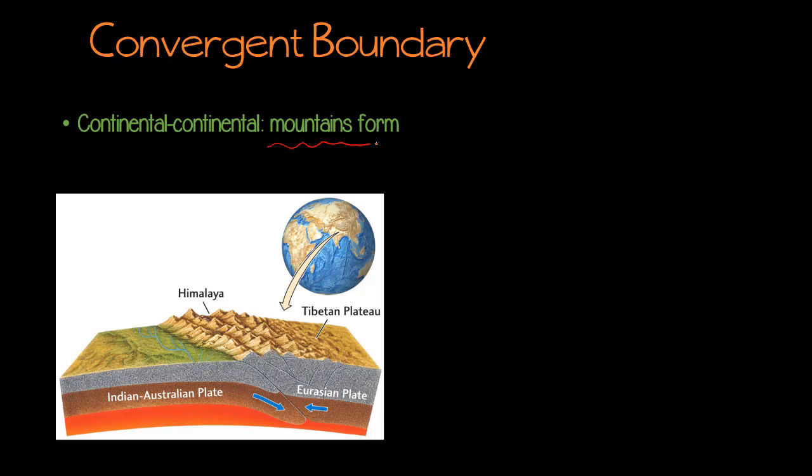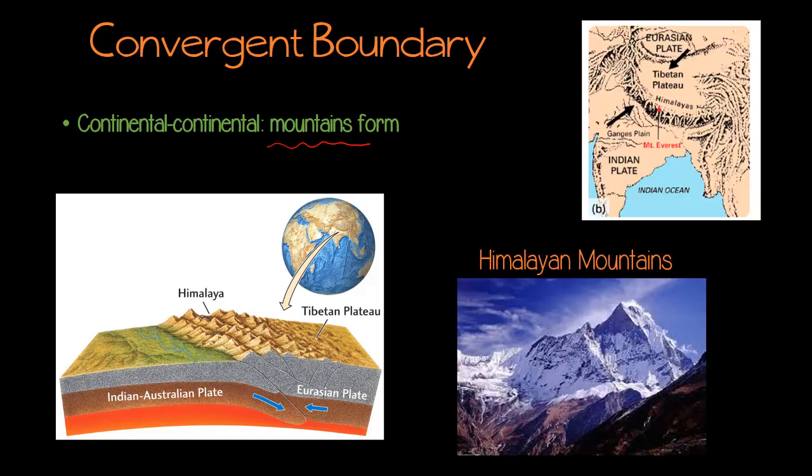Now, it takes many millions of years to make a mountain, and that's because these tectonic plates are only moving a few centimeters every year. But over millions and millions of years, that adds up to a lot of centimeters. So one example of a continental convergent boundary is the Himalayan mountain range, one of the tallest mountain ranges.